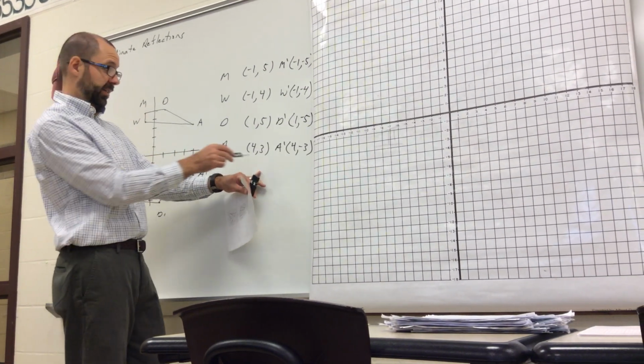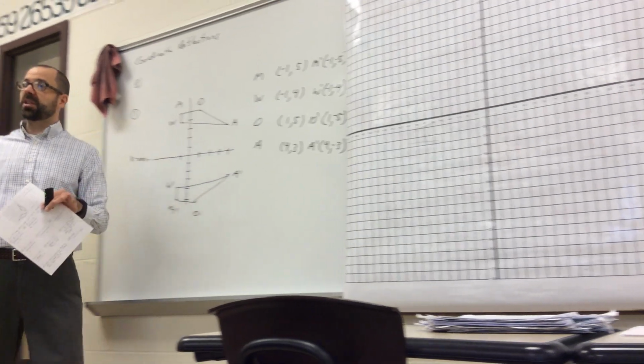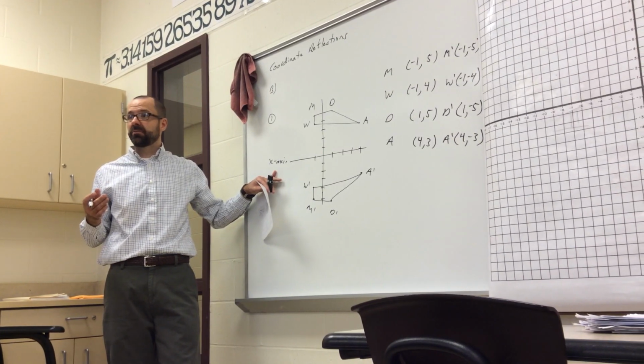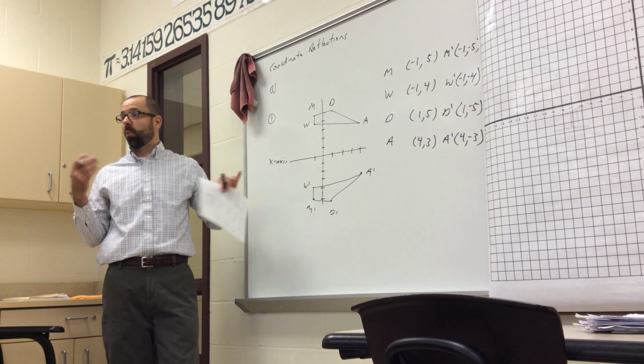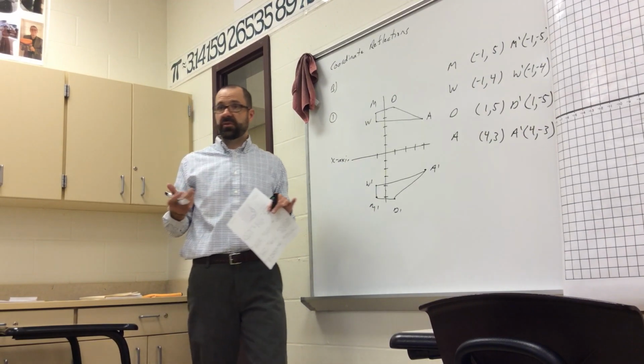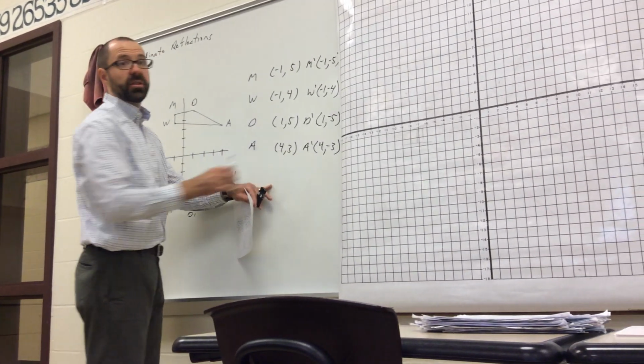It could be the other way around. This could have been a -3, and then it would become a +3. That's going to bother people because it's an x-axis reflection, but the y changes. So watch out for that. We're reflecting across the x-axis, but the y changed.